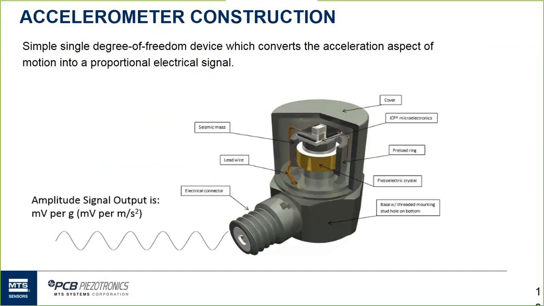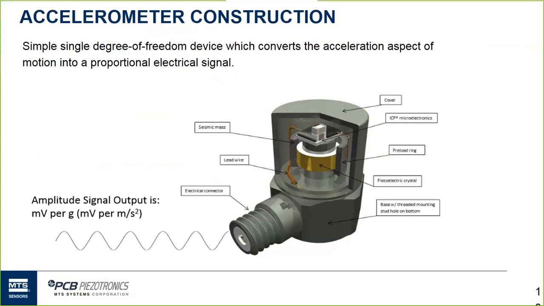That happens to be a trademark of PCB, but essentially that converts the high impedance picocoulomb output of the sensing element to a low impedance voltage output, such as in millivolts per G. Today, 95% of the accelerometers that are used are predominantly going to be ICP type sensors that have onboard electronics to give you a low impedance signal.